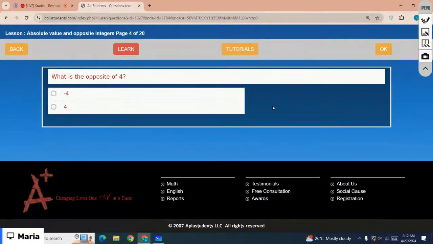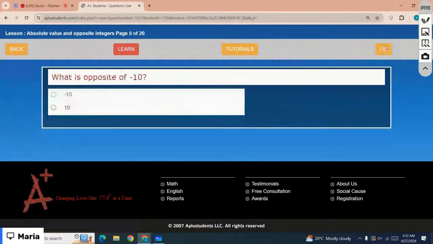That would be negative 4. The correct option is negative 4. What is the opposite of negative 10?